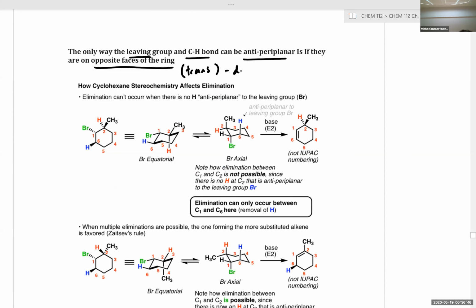trans-diaxial. So you can end up in situations where suppose we have two hydrogens. So notice the hydrogen in blue and red. Which hydrogen can react? The one in red or the one in blue? Which one is anti-periplanar?